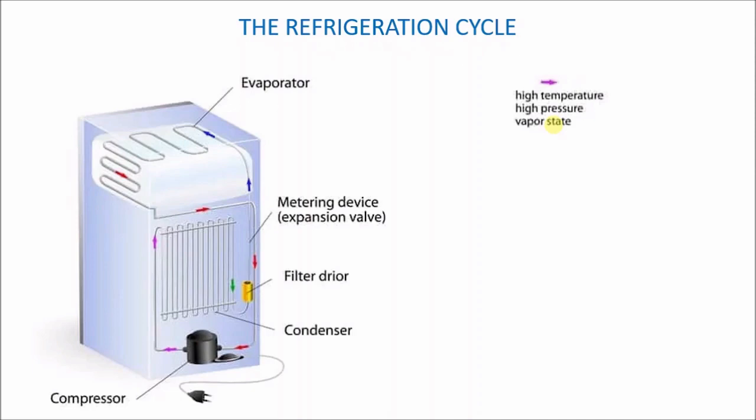Okay, it will change states. Sometimes it is liquid, sometimes it is wet vapor, sometimes it is superheated vapor, and so on and so forth. But it is that substance that is going through the cycle of refrigeration, the substance that is moving through all these components of the fridge. That is what we refer to as the refrigerant.